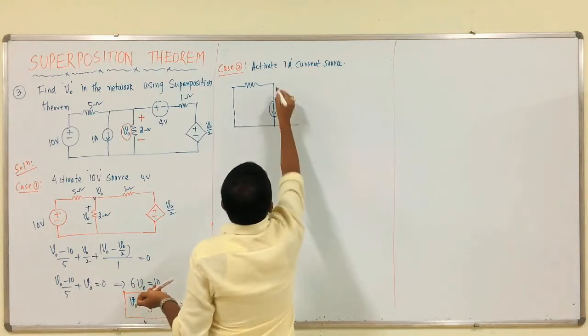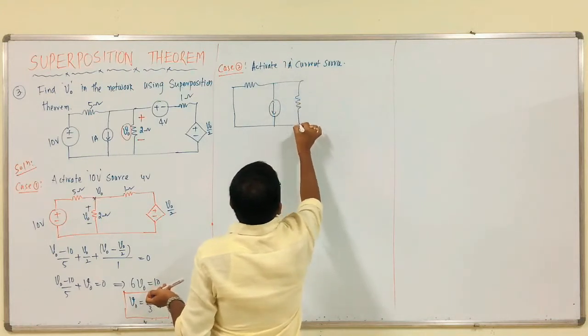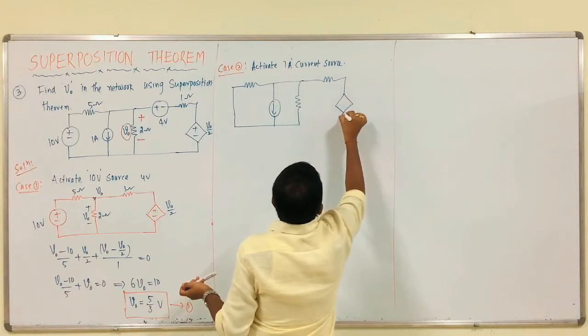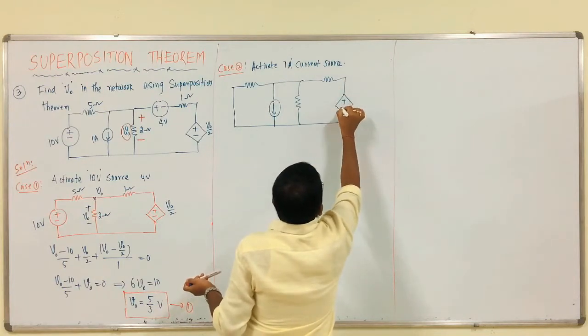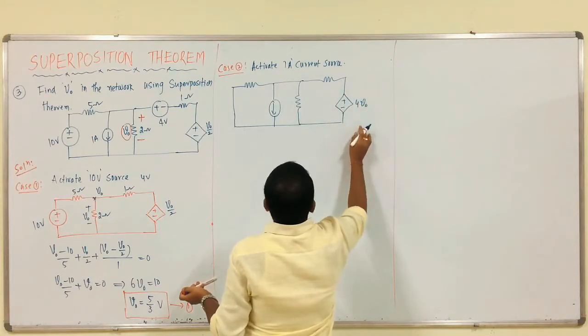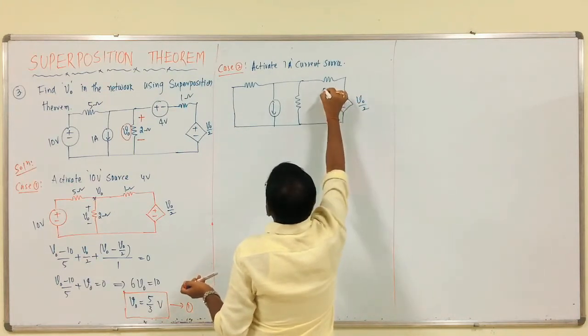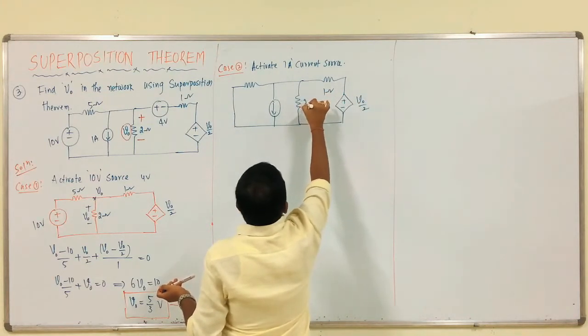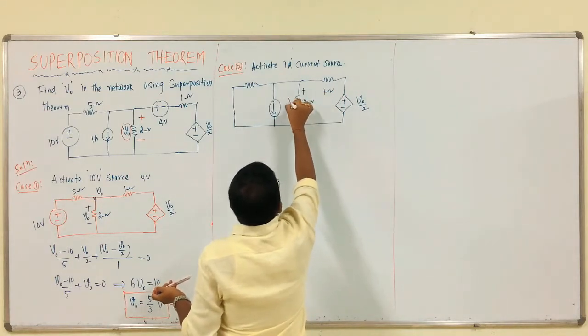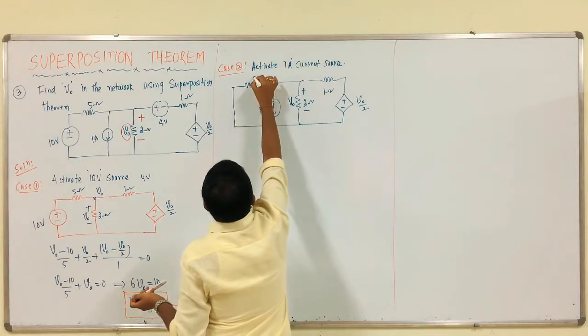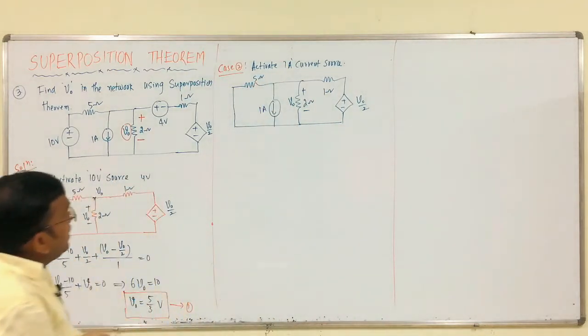Again we have a branch, then short circuited we have a 1 ohm branch. This is the dependent source, which is V naught by 2. This is 1, this is 2, plus minus, this is V naught we have to calculate, this is 1 ampere, this is 5 ohm.